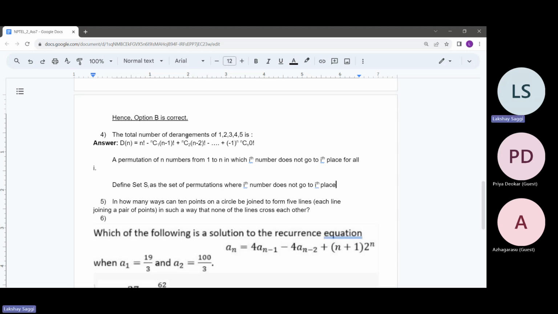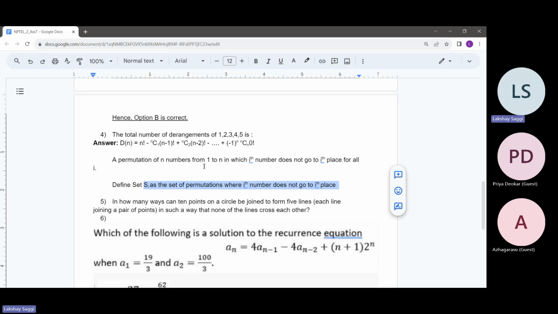So let's say there are these numbers from 1 to n. I'm deriving the formula for general n. The set S1 will be the set of permutations where number 1 does not go to the first place. Set S2 will be the set of permutations where the number 2 does not go to the second place. And similarly, Sn will be the set of permutations where the number n does not go to the nth place.